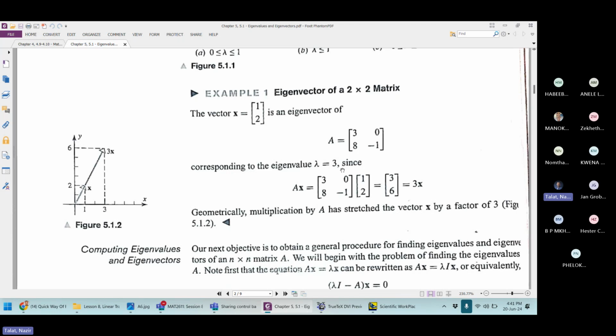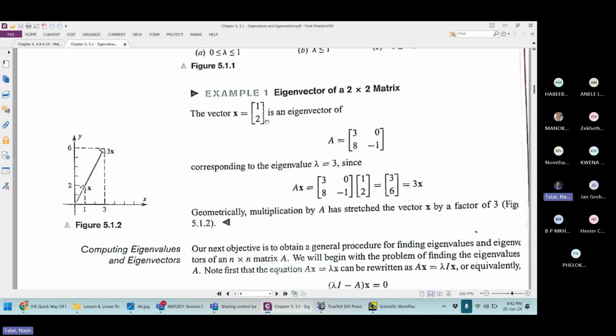We can check how we get this value, because this 3 is a diagonal entry, but diagonal entries are not always eigenvalues. So what we will do is check whether this 3 is an eigenvalue or not. If A is multiplied by this x, you will get 3 times 3, 6, and if you take 3 common, it becomes 3x.